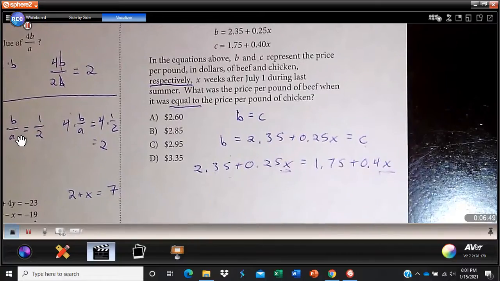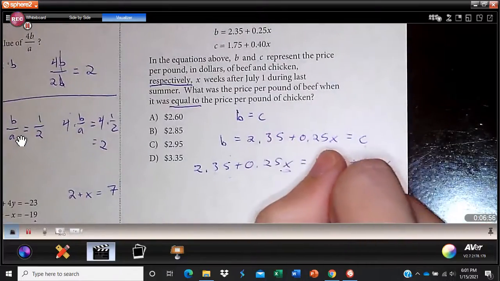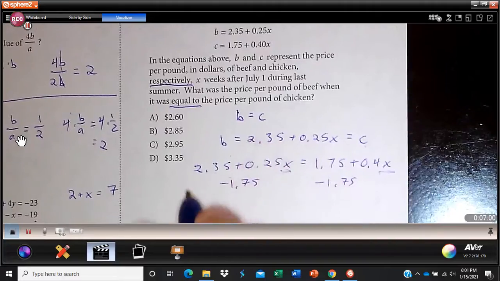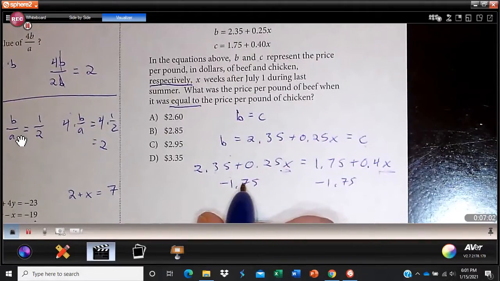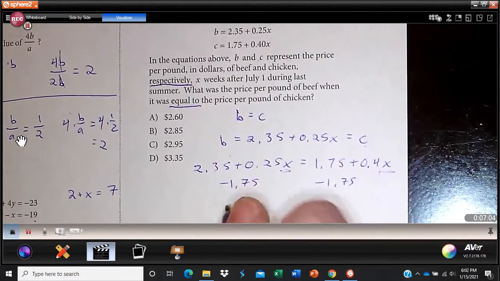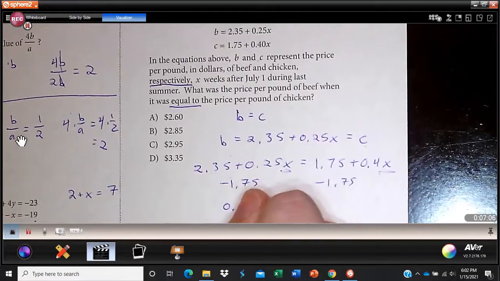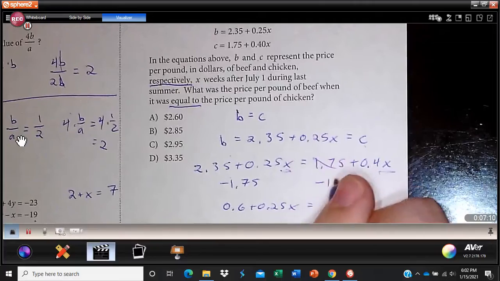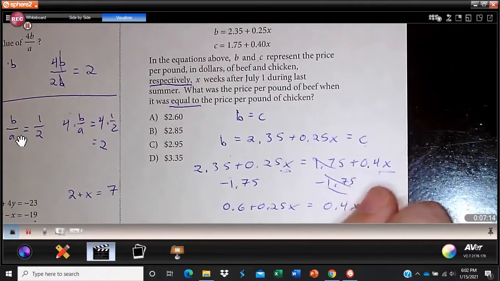So we're going to just solve for x. And I'm going to put like terms together, so I'm going to subtract 1.75 from both sides. Minus 1.75. So 2.35 minus 1.75 is 0.6 plus 0.25x is equal to, and then this is just going to cancel, so that's equal to 0.4x.